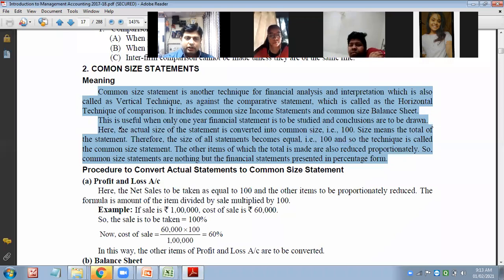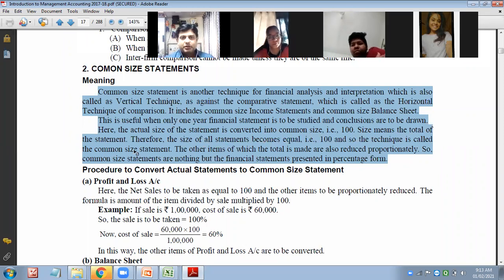This is useful only when your statement is to be studied and a conclusion has to be drawn. Why do we do this? Suppose we have one year of data and I want to draw certain conclusions, I want to take some strategic decisions. At that point of time, I need to have the common size statement in front of me. So here the actual size of the statement is converted into common size, that is 100, the size of the total statement.